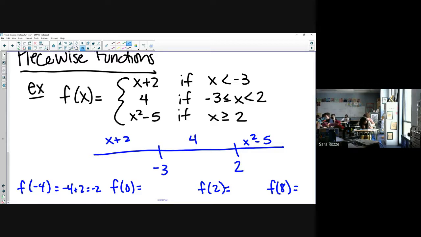First step is which equation am I going to use? Second step is plug the number into the equation we have.